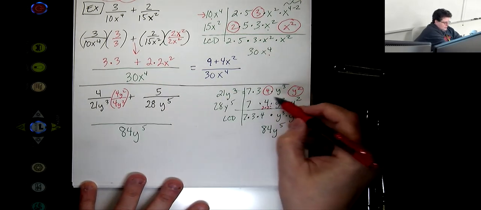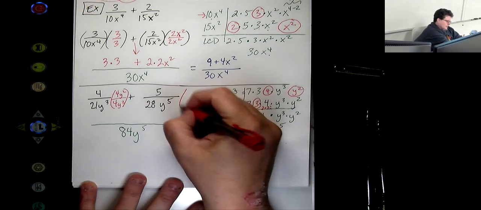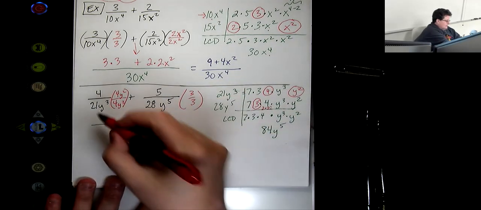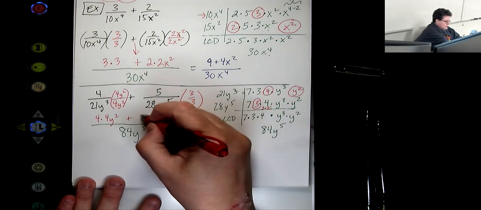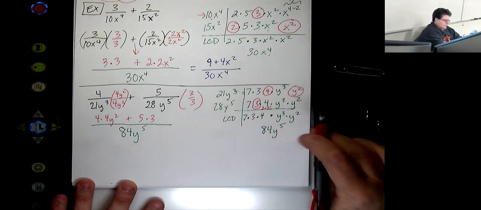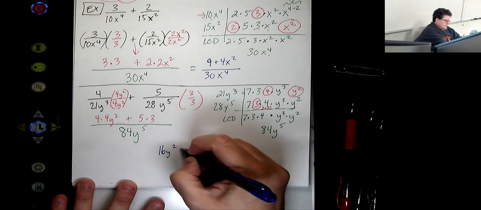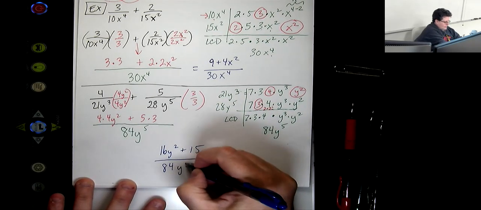And the second one is just missing the 3. So I'll multiply it by 3 over 3. And I'll get 4 times 4y squared plus 5 times 3. If I clean that up, I get 16y squared plus 15 over 84y to the fifth power.